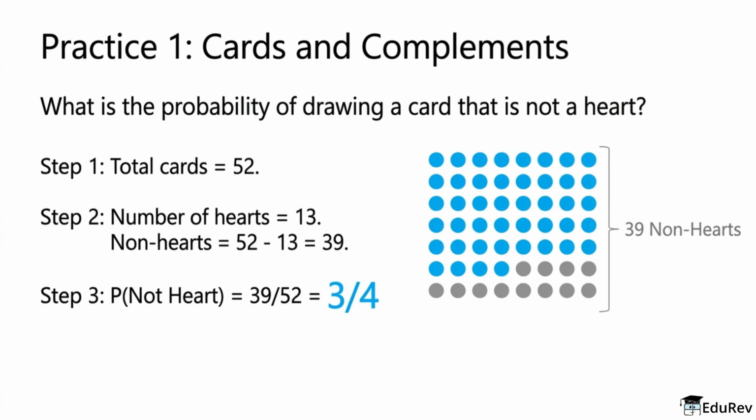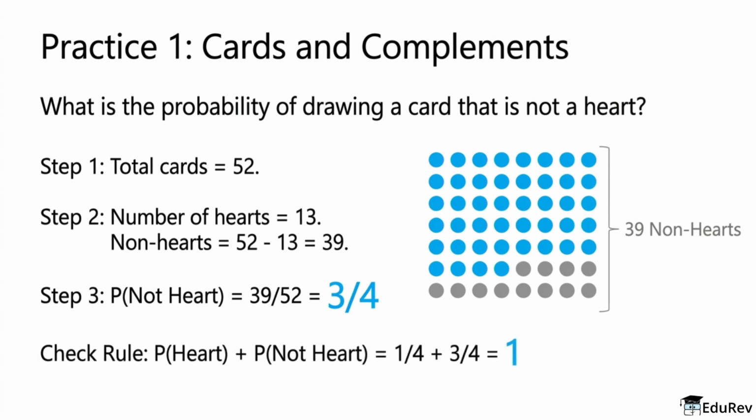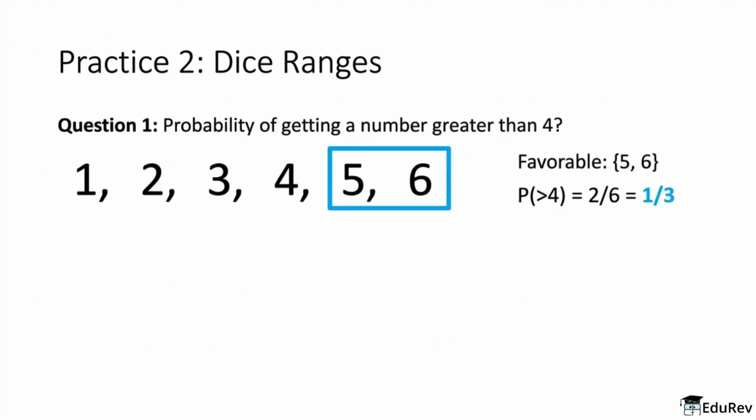The probability is 39 over 52, which simplifies beautifully to 3/4. We can also check this using our complement rule. The probability of a heart, 1/4, plus our answer of 3/4 equals exactly 1. Great job! Now let's try evaluating some number ranges using a standard die.